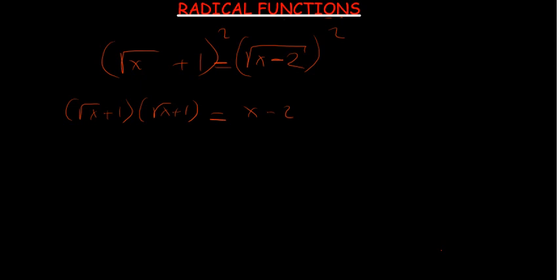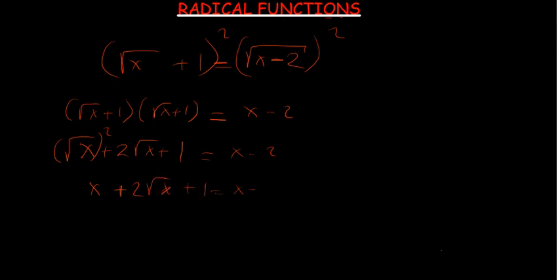So if we distribute, by the distribution which we know, first it will give us root x squared plus 2 root x plus 1, and that will be equal to x minus 2. So the root of x squared is going to give us x and then plus 2 root x plus 1, and that will be equal to x minus 2.